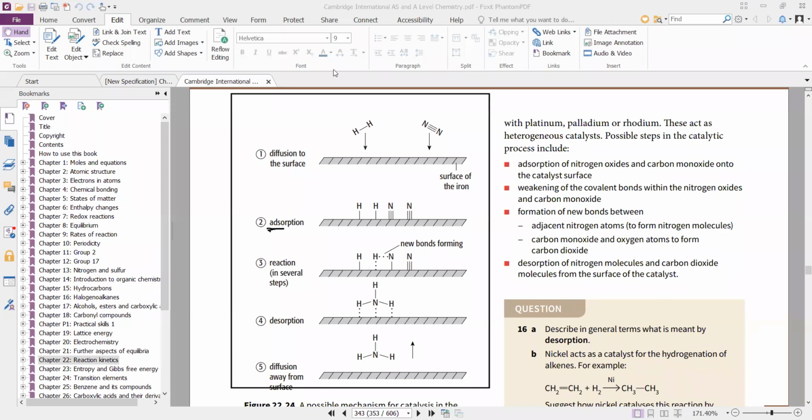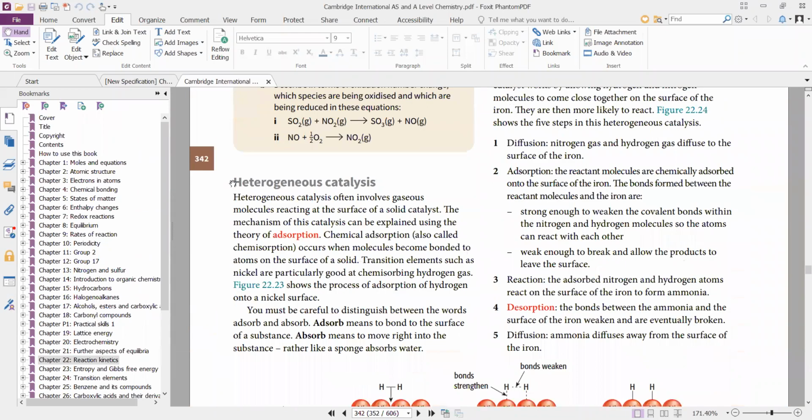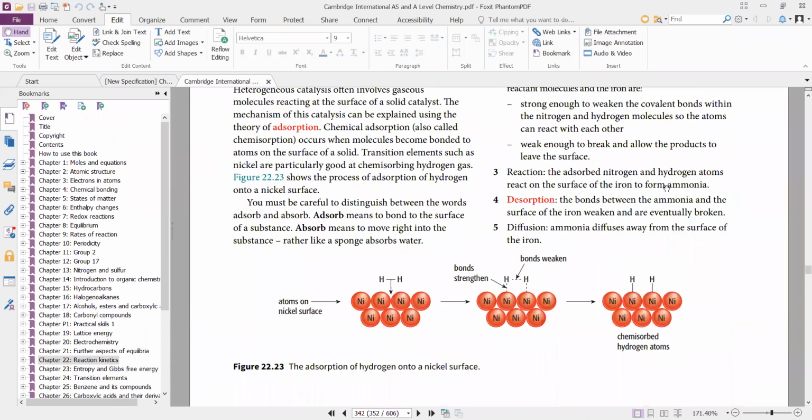So that's it. There's another example. Nickel in the hydrogenation of alkenes. See, hydrogen atoms diffuse, adsorb and react and desorb.